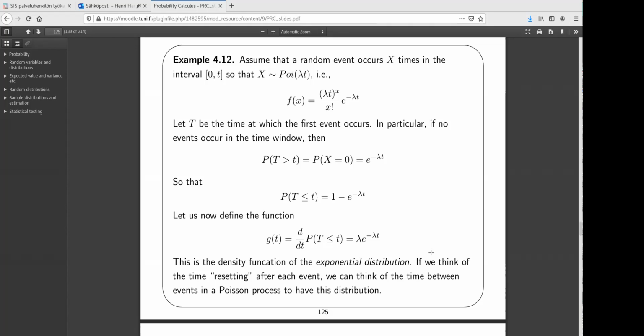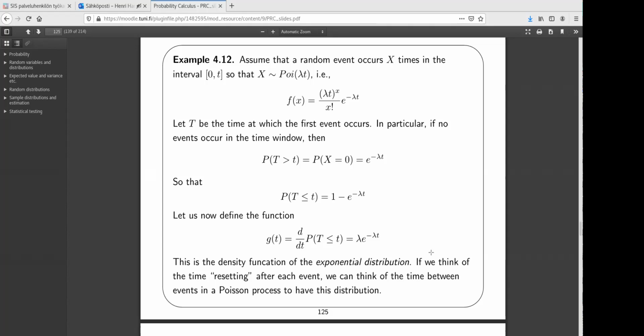So if we had lambda equal to 3 in our Poisson distribution, and we're measuring days, then we could define a continuous random variable, which we can get by measuring the time between two car crashes.